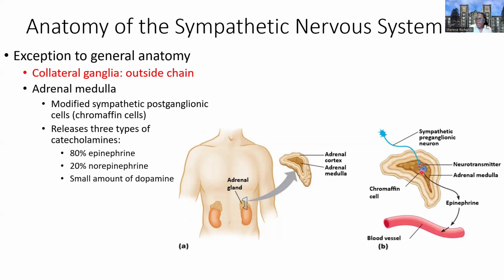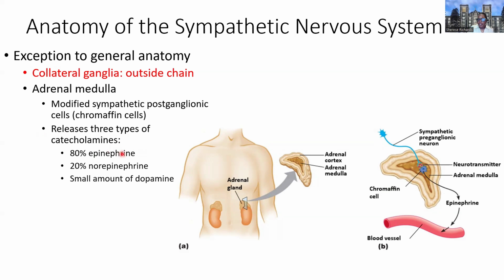Now, these cells behave just like a postganglionic neuron, but really in a cell form. Okay. In fact, some scientists took these chromaffin cells and put them in the correct growth medium, and they actually began to grow axons. So they're derived from nervous tissue. They behave like neurons, but they're really cells in the adrenal medulla. So when the preganglionic neurons synapse here, they're going to release their secretions, which are catecholamines.